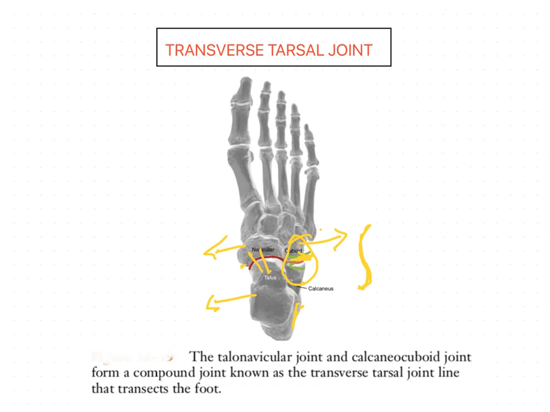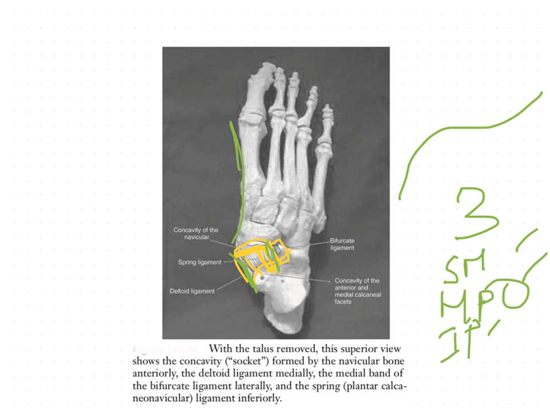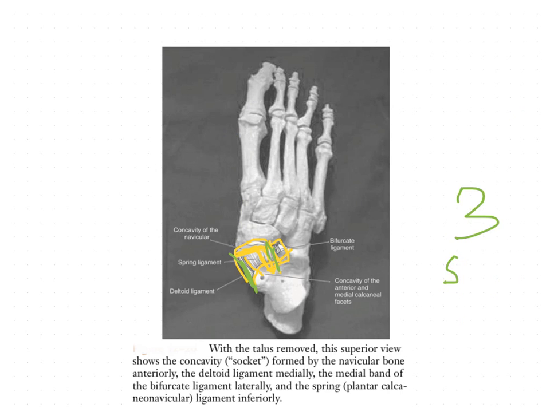The calcaneo-cuboid articulation itself has a bone capsule, and this is reinforced by many ligaments. Now we will see the ligaments of the calcaneo-cuboid joint.